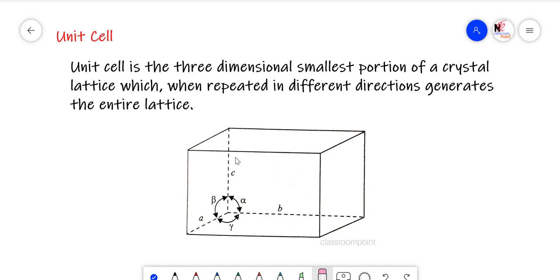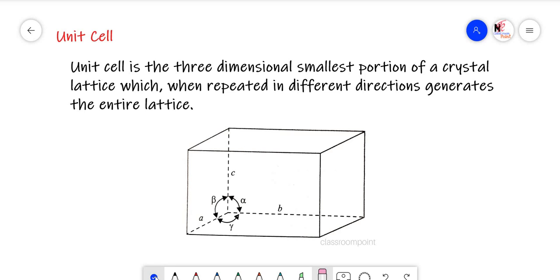This unit cell is characterized by 6 parameters. 3 are the edge lengths A, B, C, and the angle between A and B is called gamma, between B and C is called alpha, and between C and A is called beta. So a unit cell is characterized by the 6 parameters A, B, C and alpha, beta, gamma.